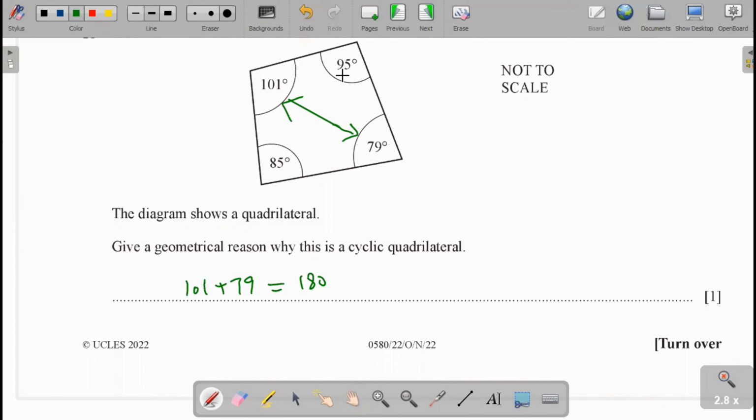And for the second pair of angles we take 85 plus 95. The sum of these angles is also 180. Therefore, this is a cyclic quadrilateral. We can say that the sum of diagonally opposite angles is supplementary. That is the cyclic quadrilateral property.